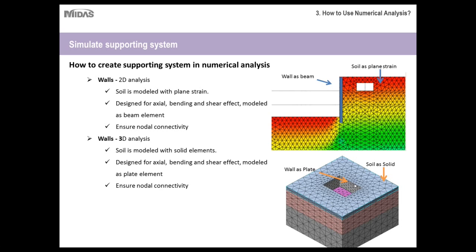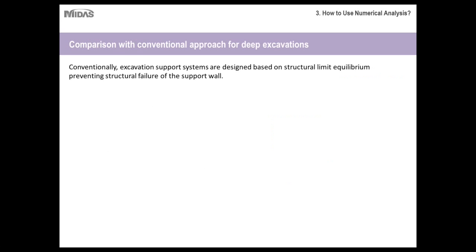But if you look closely at the boundary, you will be able to see that the nodal connectivity is maintained throughout, so that the stresses can be transferred from the soil onto the walls, and they can be resisted. So make sure nodal connectivity is maintained for wall modeling, whether it is 2D analysis or 3D analysis.